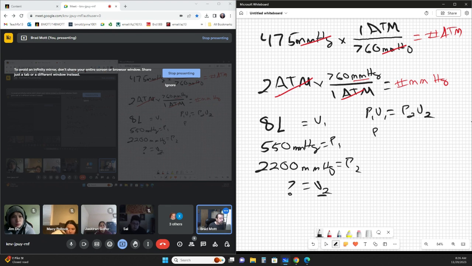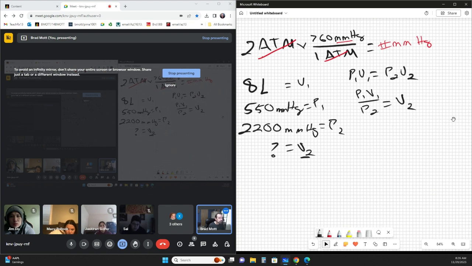We have pressure 1, volume 1 over pressure 2 is equal to our second volume. Basic algebra: divide both sides through by pressure 2. Does anyone follow what I did there? Excellent. Let me just rewrite that. I like my unknowns on my left. It's just a quirk of mine. Volume 2 equals pressure 1 times volume 1 over pressure 2.